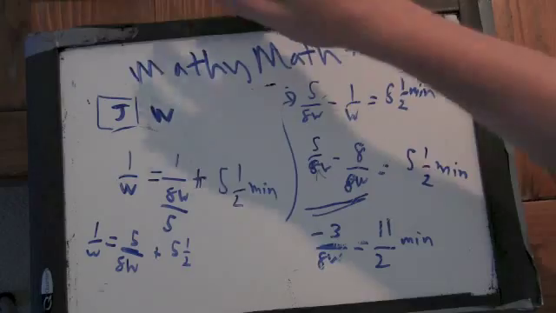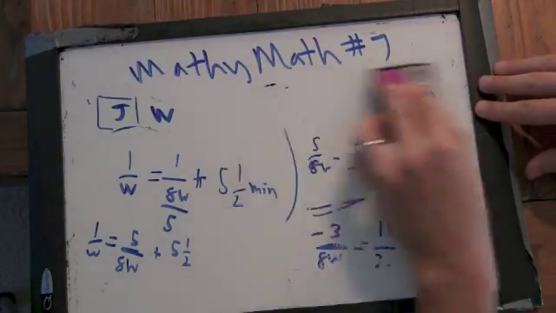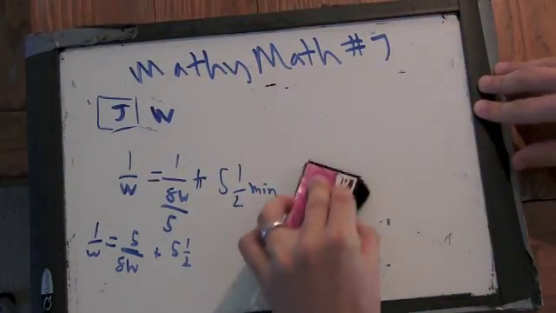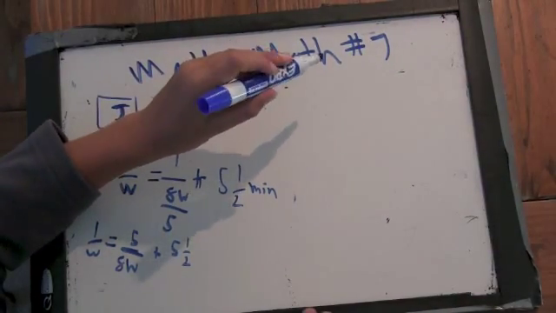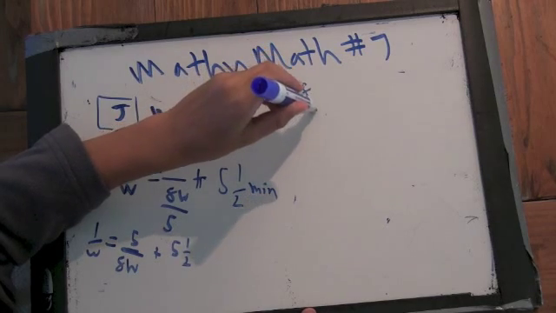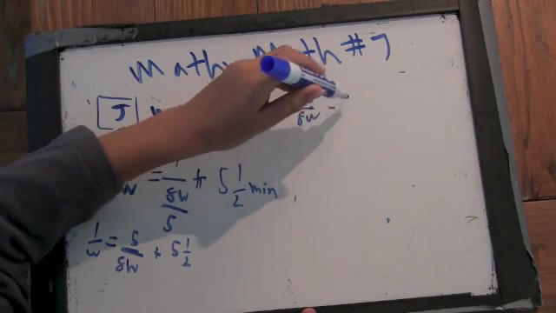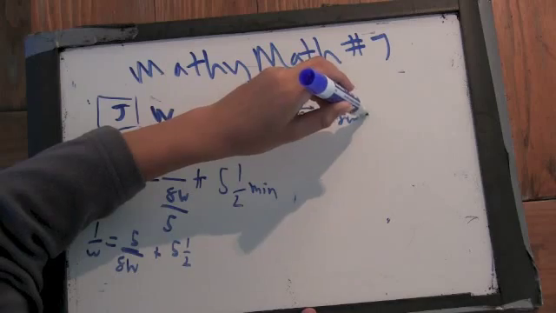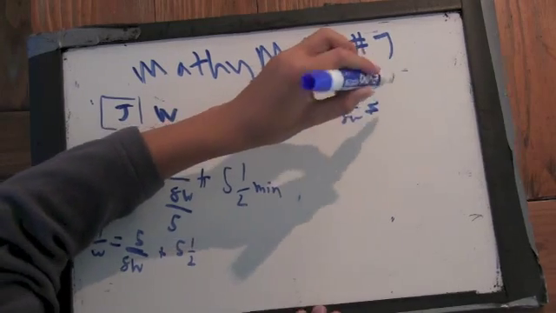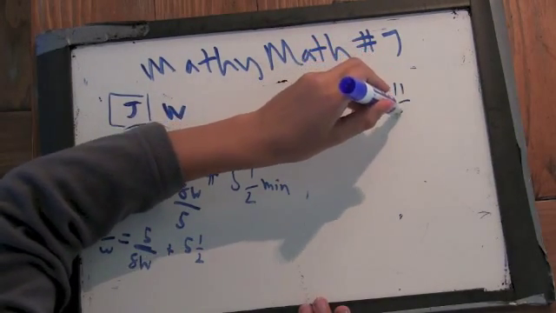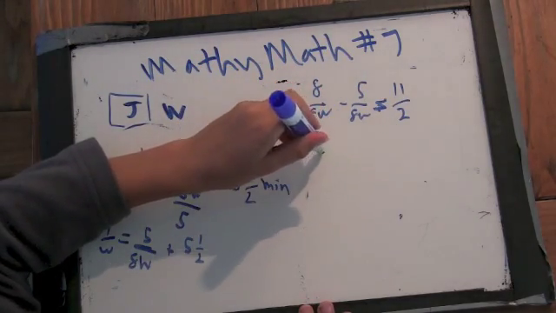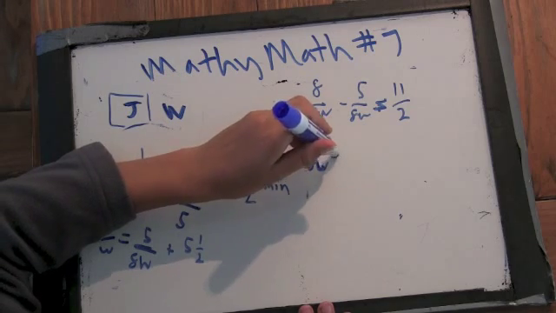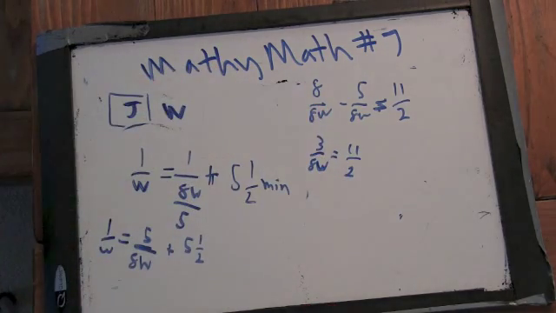Alright, so now I can move it to the other side. Okay. So 8 over 8W minus 5 over 8W equals 11 halves. Okay. So 3 over 8W, so then this is true.